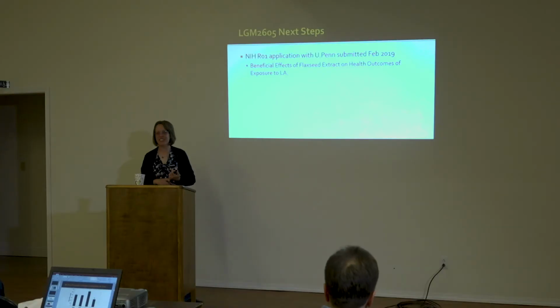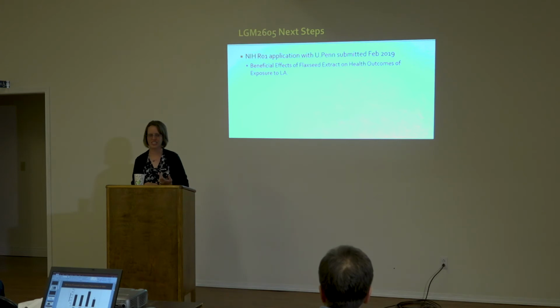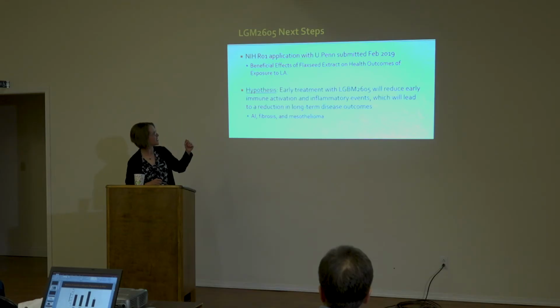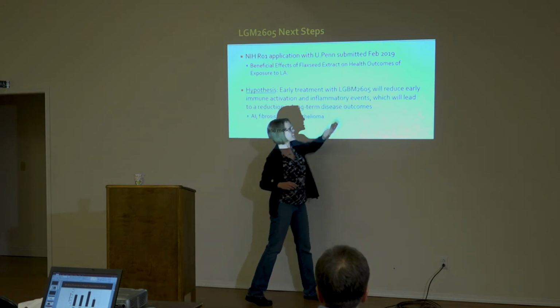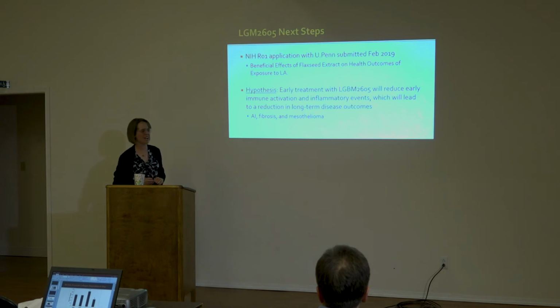Okay, so we just put in an NIH R01 application to look at this in more depth. This went in February, so hopefully getting scores next month, so cross your fingers for us. We're looking at the beneficial effects of this drug. And our hypothesis is that early treatment with LGM will reduce early immune activation and inflammation, which will then reduce long-term disease outcomes.